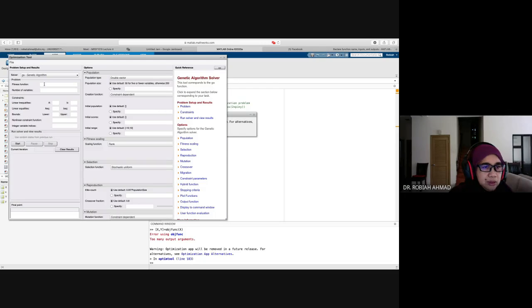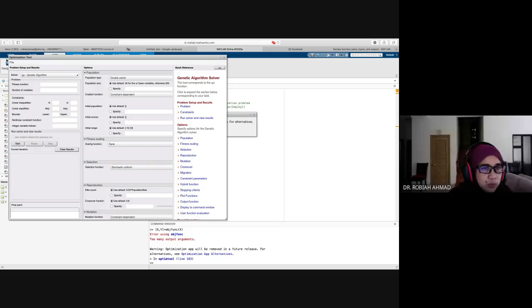This is where we put our fitness function. Our fitness function just now is obj, and the number of variables is 2. We don't have inequality, but we do have bounds. So please describe your bounds. I think we don't have others.